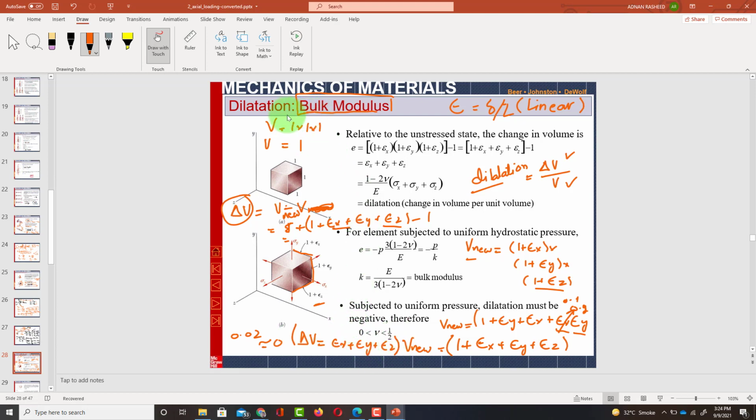Now, so we have defined dilatation as the ratio of what? Change in volume per unit original volume. Clear?